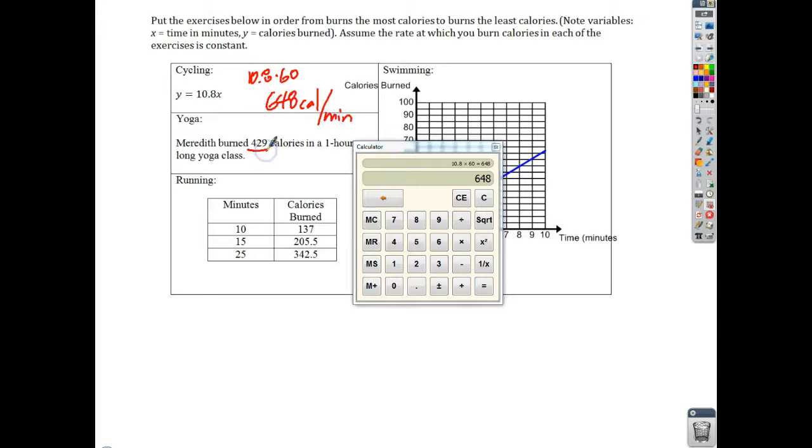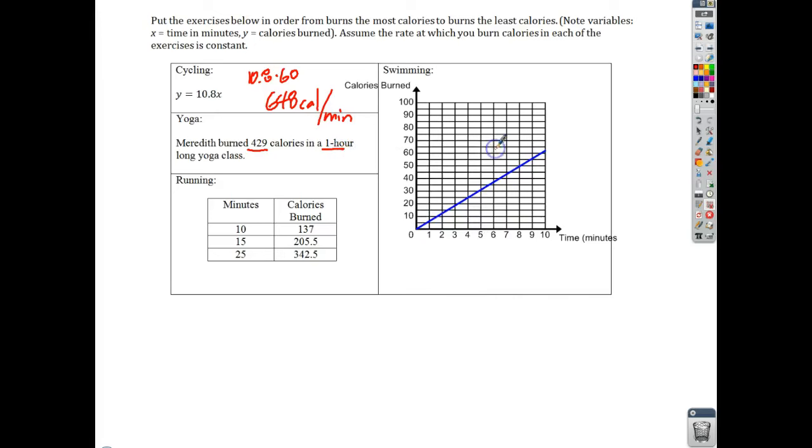Wait, what am I doing here? I'm being silly. Let's start over. This is already set up for me. This is 10.8 calories per minute. The one I figured out was per hour. Now for 429, we'll do 429 divided by 60.